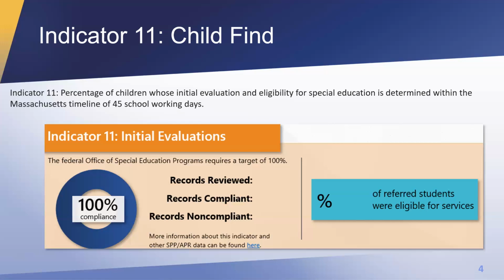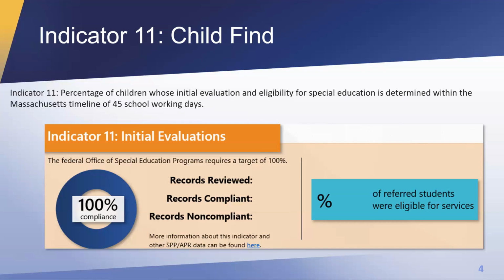An example of a federal exemption to the timeline is if a student is transferred into a district with an open initial evaluation and the receiving district was making reasonable efforts to complete the evaluation in a timely manner. State exemptions that are allowable are included in the percentage. State exemptions might include things like extensions with agreement of the parent and weather-related delays.